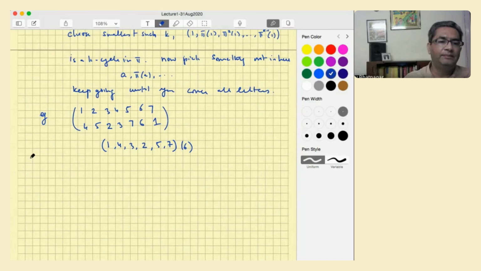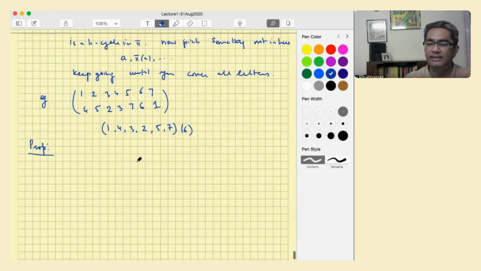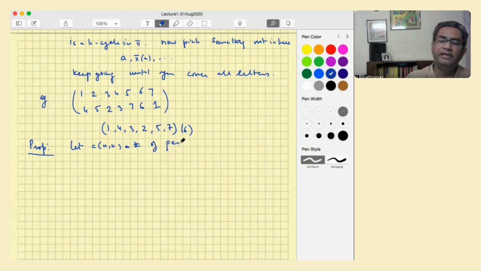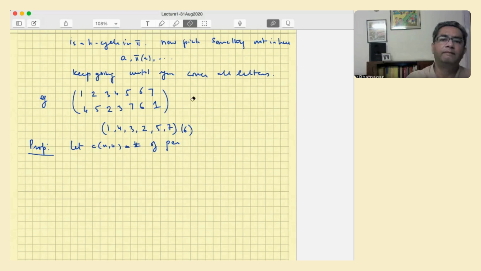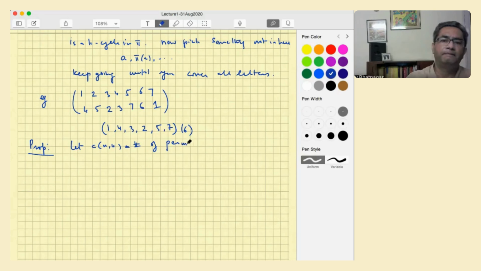Okay, so this brings us to Stirling numbers. So I'm going to define, let c(n,k), well, eventually I'll make it s(n,k), be the number of permutations with exactly k cycles.